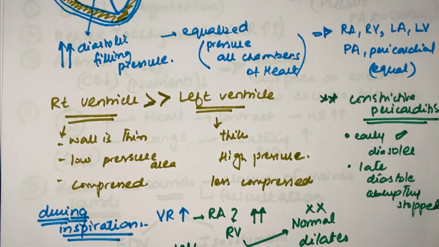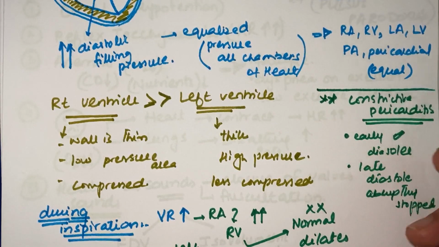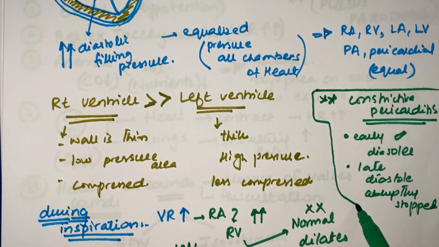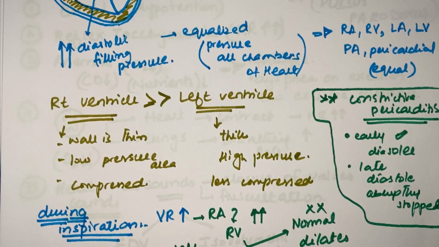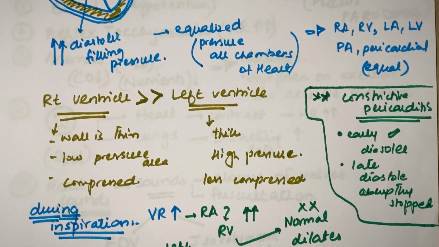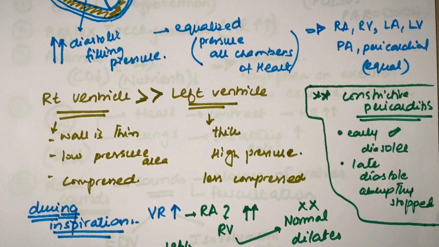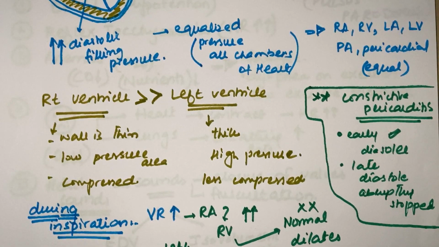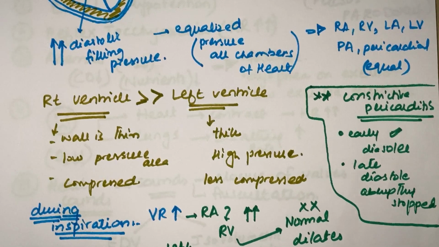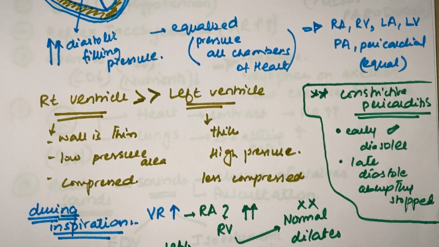But in cardiac tamponade, the diastole is impeded from the very start because there is fluid in the pericardial cavity. So in cardiac tamponade, the diastole is affected throughout its whole phase of relaxation, but in constrictive pericarditis, early diastole is normal but late diastole is affected.